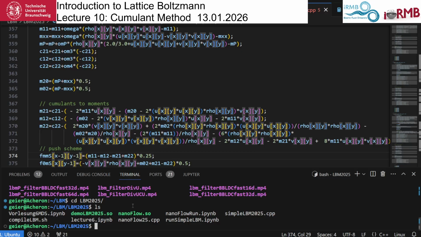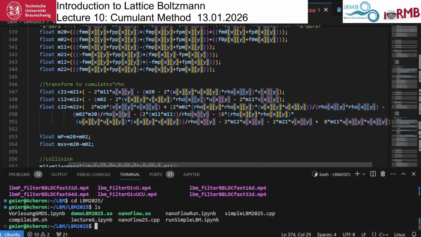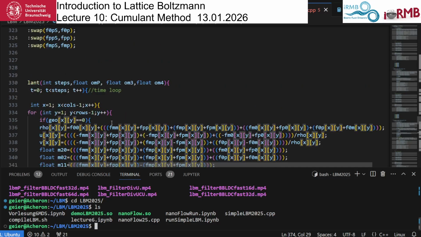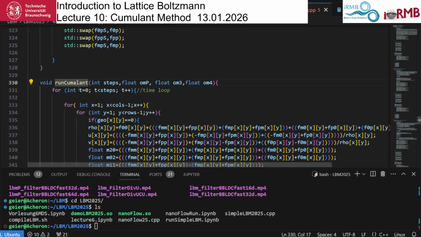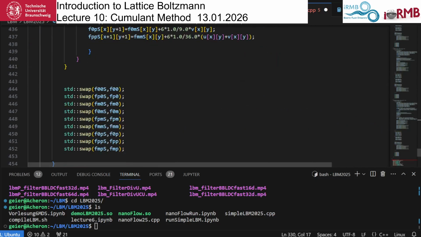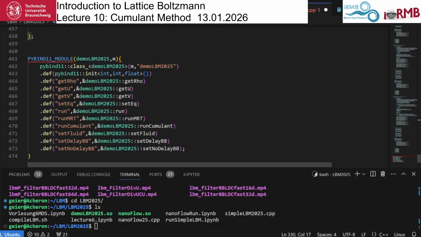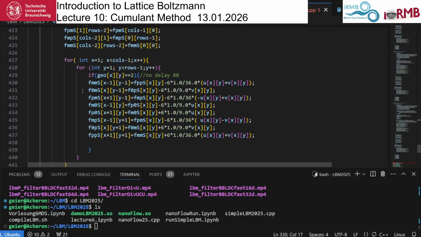There's a typo in the function name. Where? The run cumulants. Run cumulant is a typo in the function name. You mean this one? Yeah. Did I do it correctly down here? Yes. Okay. So save again. Thank you. Compile. Bash compile.